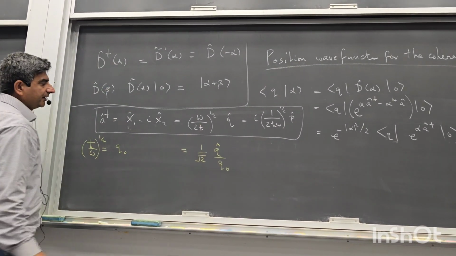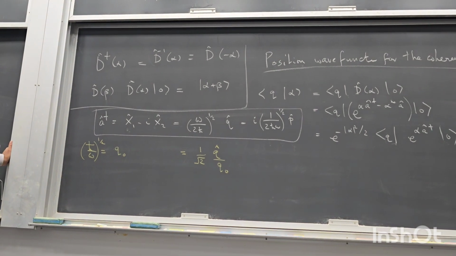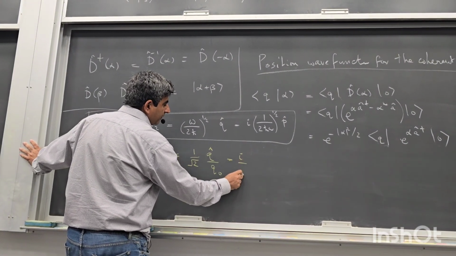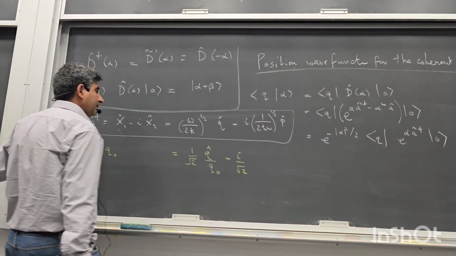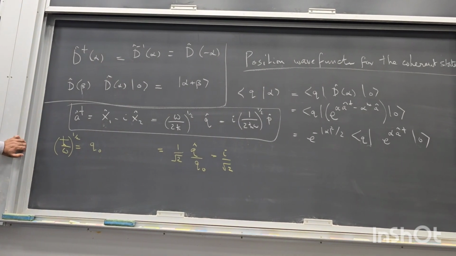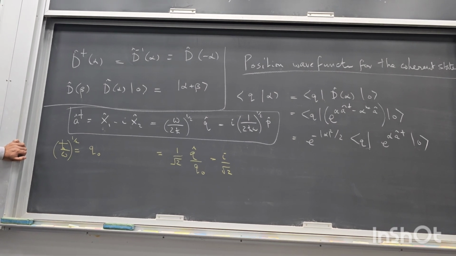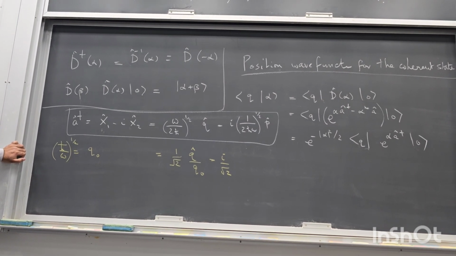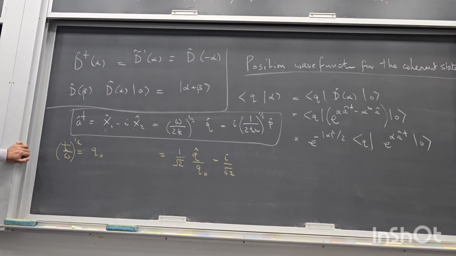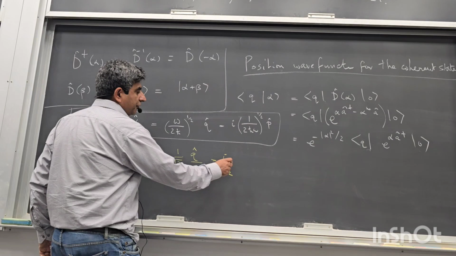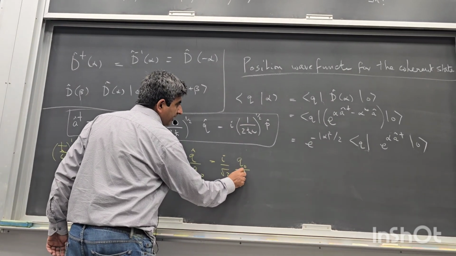This object becomes minus iota over root 2, and then I need h bar over omega, q naught over h bar.